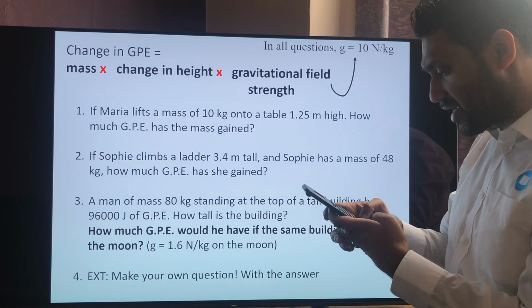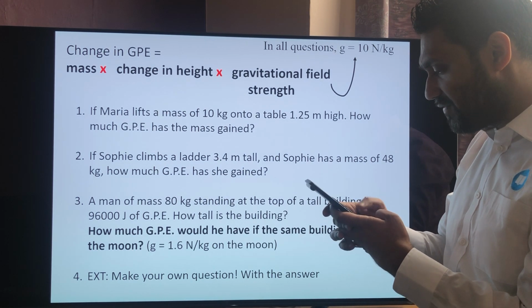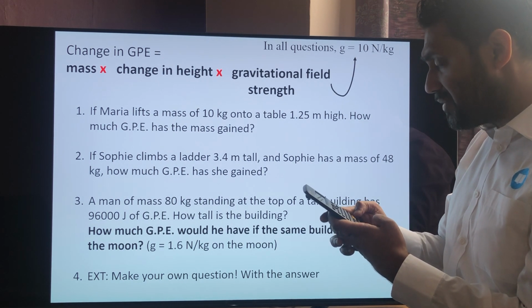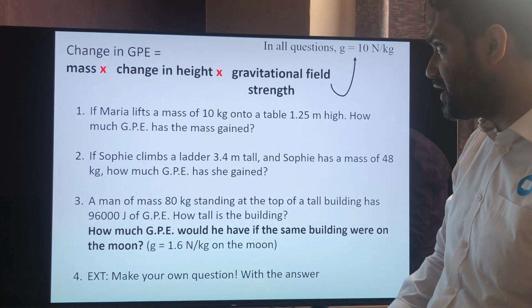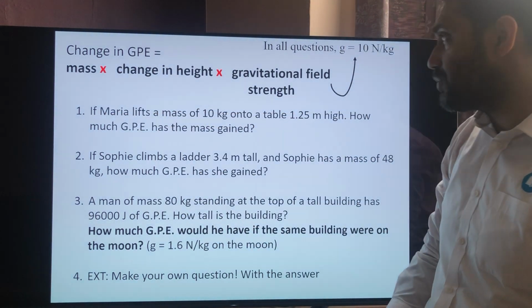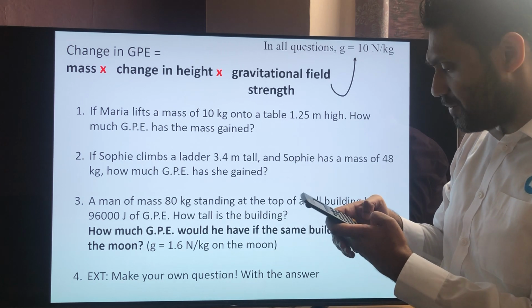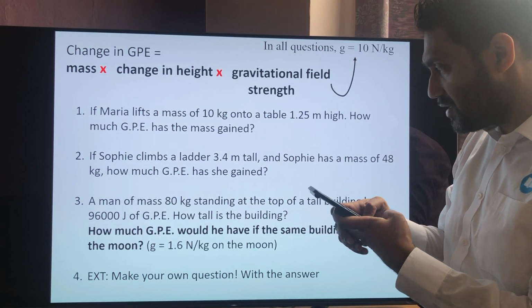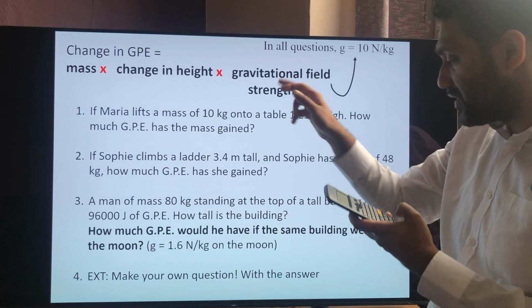Let's just double check again. 96,000 divided by 800. 120 meters, right? So the building was 120 meters high. I've got my height, which is 120. I've got the mass. The mass doesn't change no matter where you are. So the GPE is going to be 80 times 120 times my 1.6.